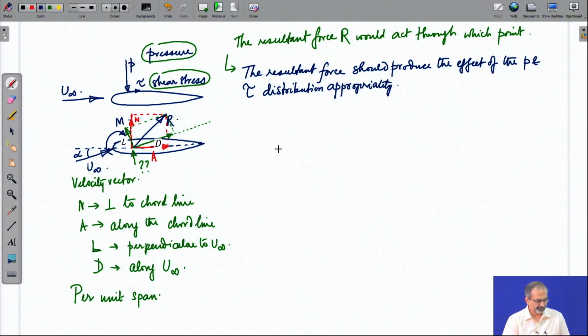Now, we have already talked about the fact that there is a moment acting on the airfoil as well. So, can I have this force R located at a particular point, so that it gives me the moment about the leading edge point appropriately?